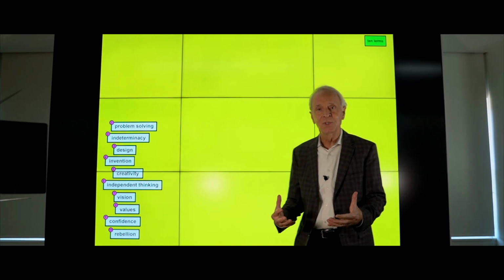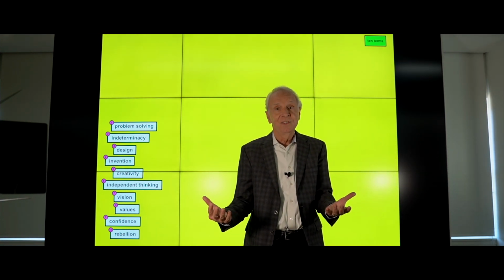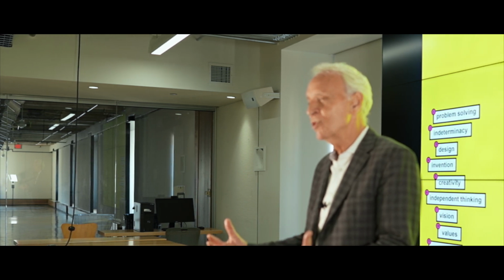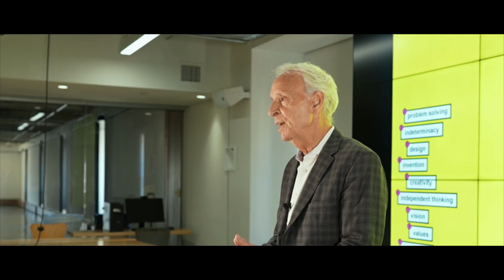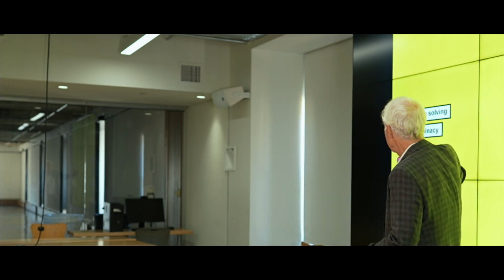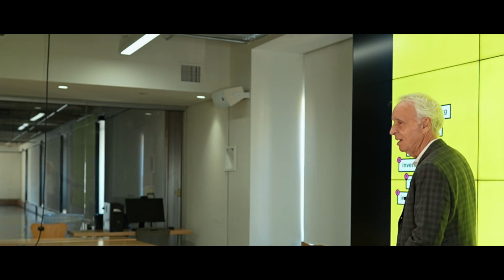Rebellion is almost essential. If you think everything's fine the way it is, why would you do anything different or anything creative? It's important that you actually want to change things, and that takes a little bit of rebellion. So these are the 10 terms: problem solving, indeterminacy, design, invention, creativity.